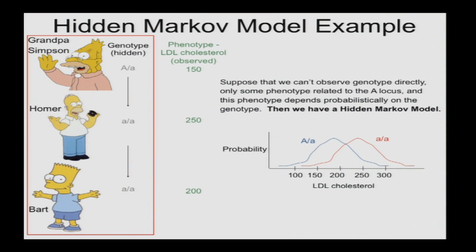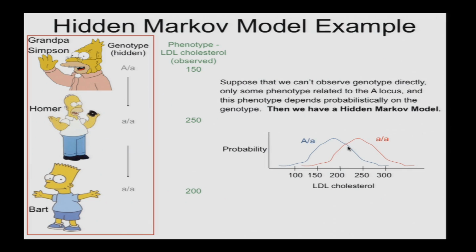So imagine that we observe that Grandpa had low cholesterol, 150, Homer had high cholesterol, and Bart's cholesterol is sort of intermediate. Now, if we had just observed Bart's cholesterol, we would say, well, it could go either way. It could be homozygous or heterozygous.